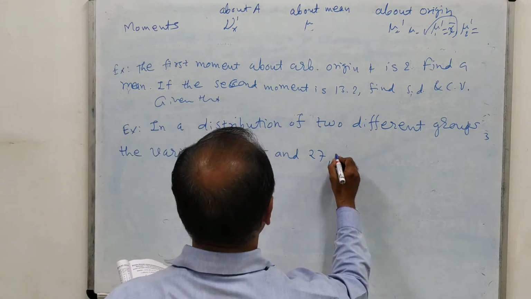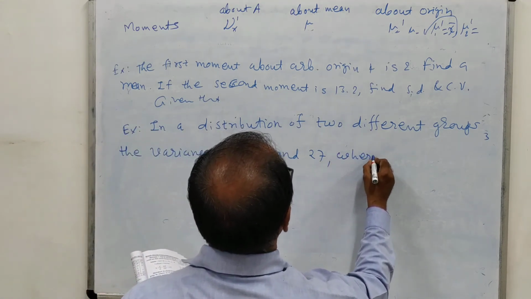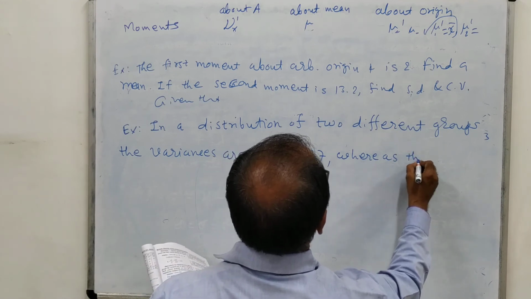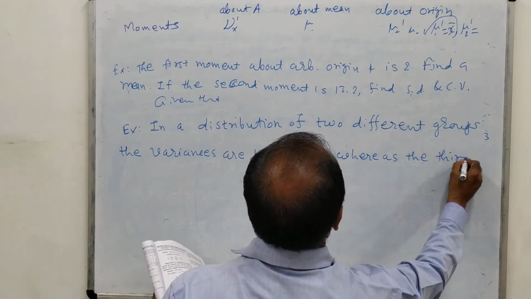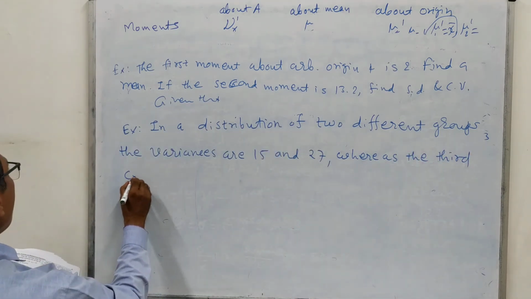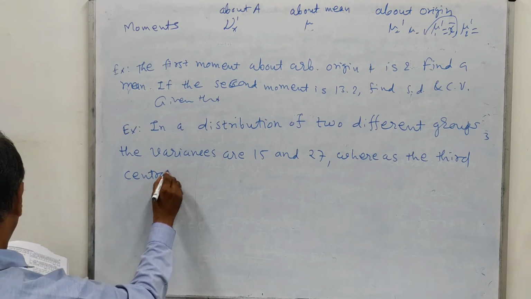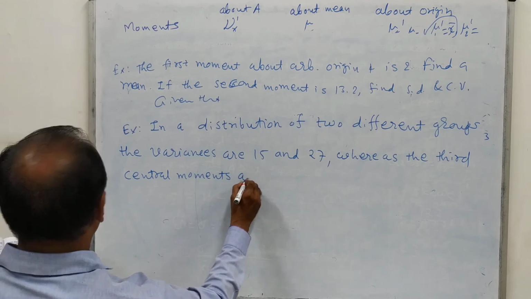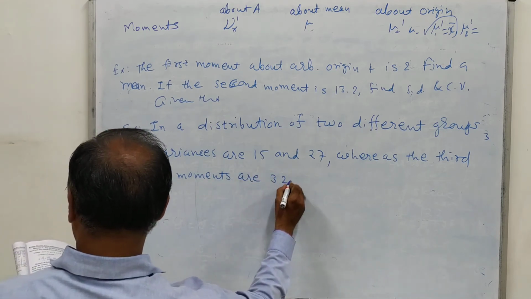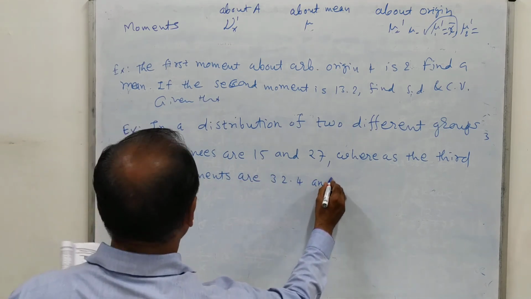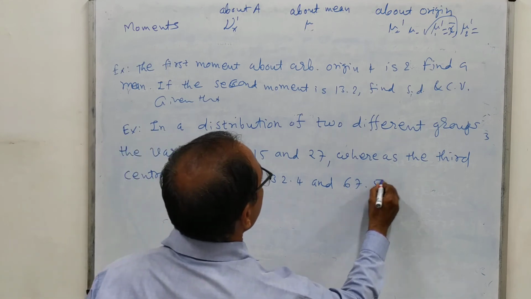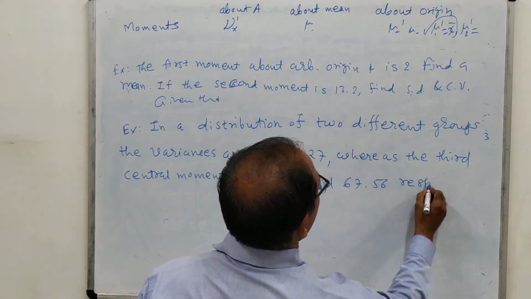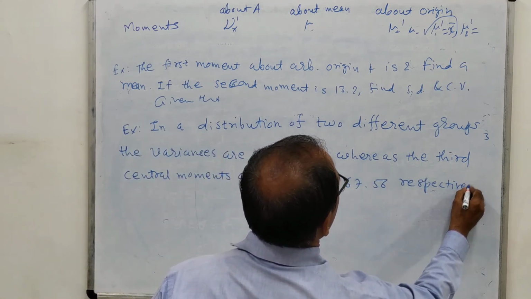whereas the third central moments are 32.4 and 67.56 respectively.